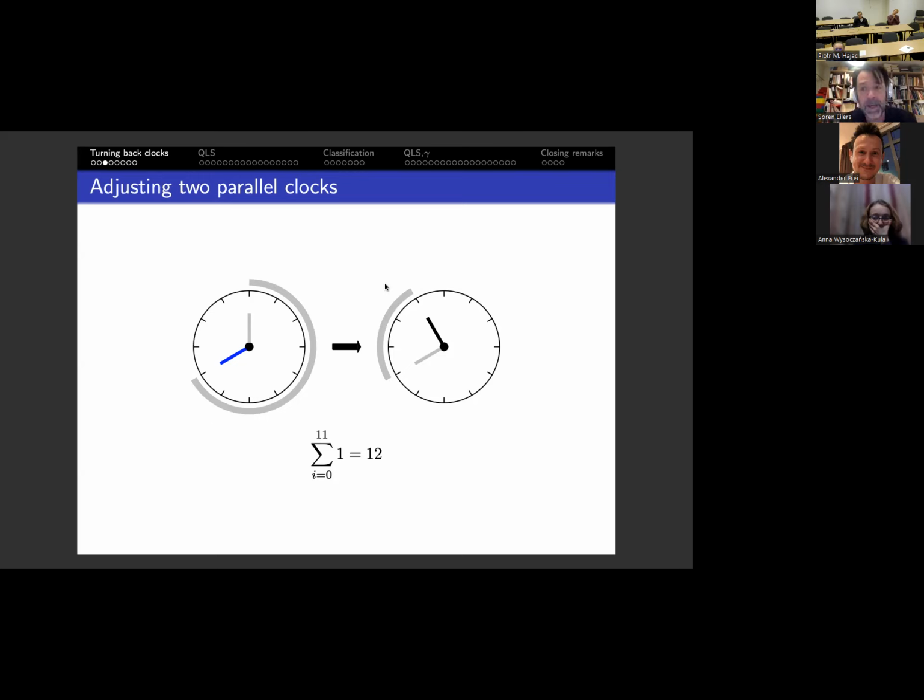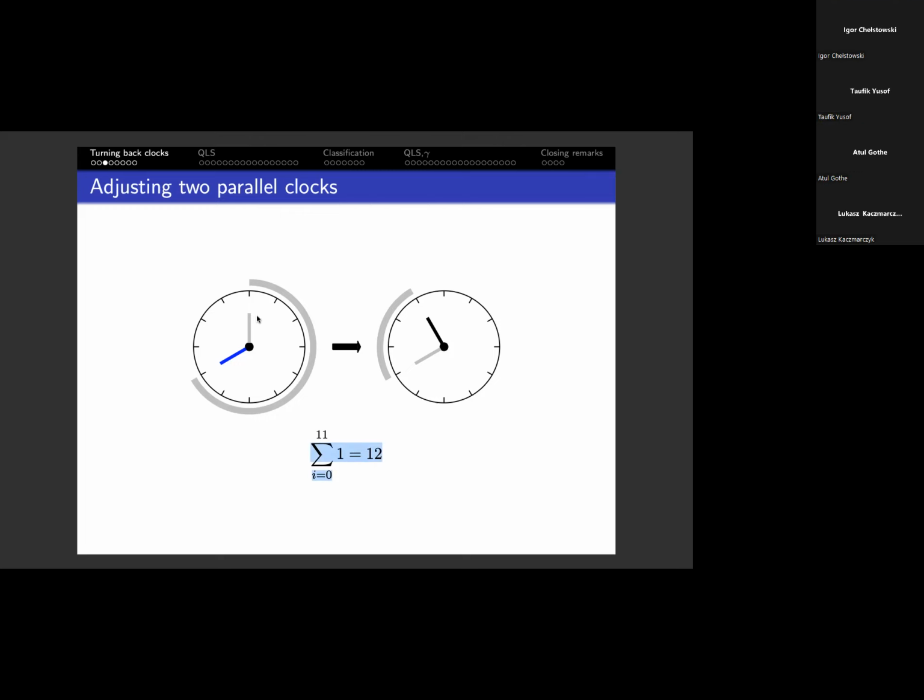My claim is that now there's a total of 12 different ways of doing this, right? I'm writing it as a sum, just adding up ones, but the point is that the index indicates how long I move the hidden hand, right? So it starts either at 0 or 1 and 2 and all the way up to 11.